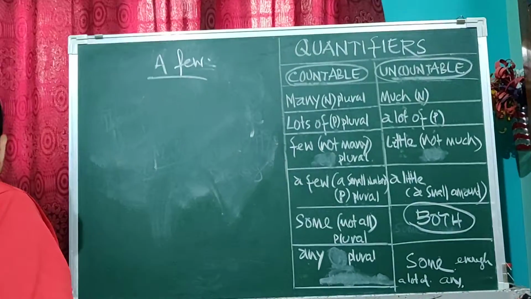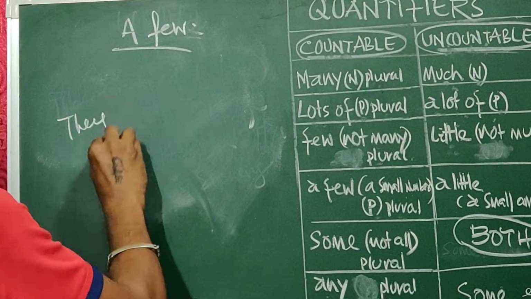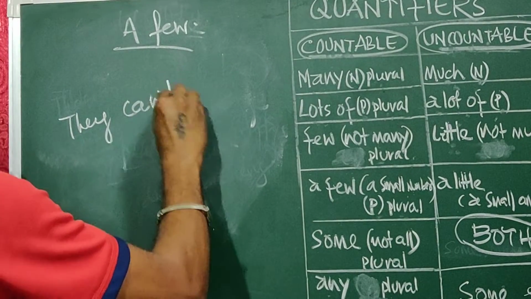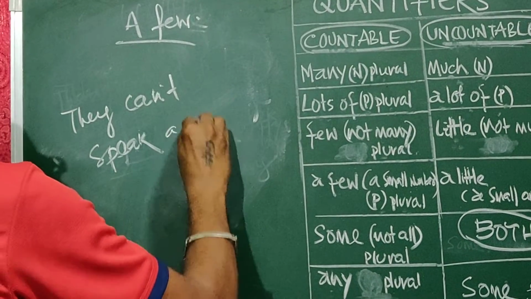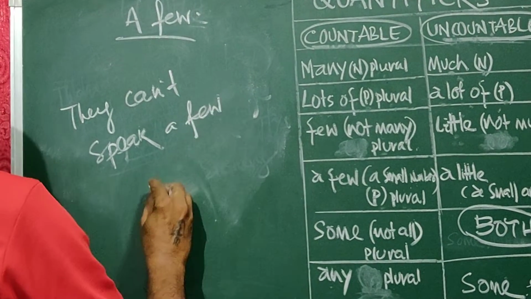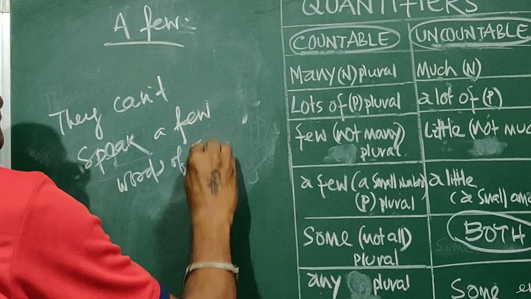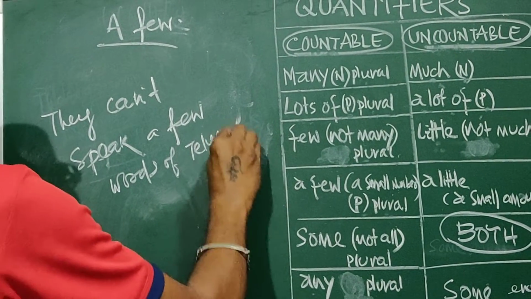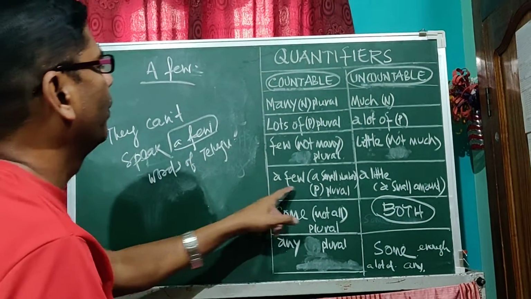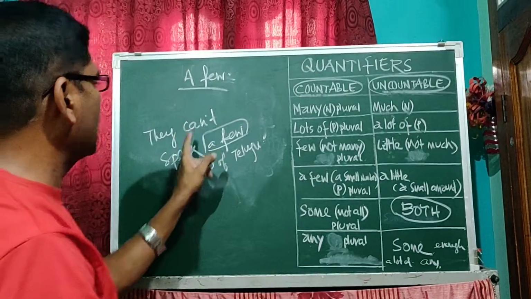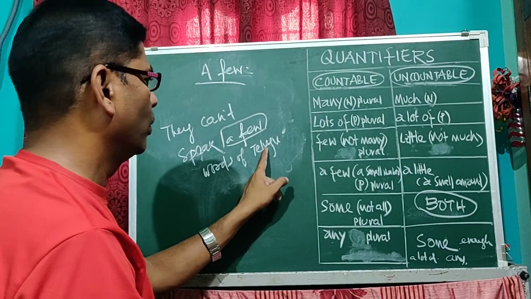For example, they can't speak a few words of Telugu. A few, a small number. They can't speak a few words of Telugu. Okay?